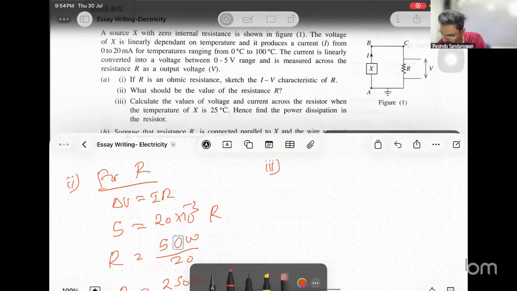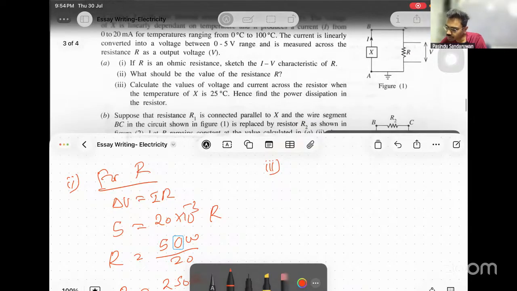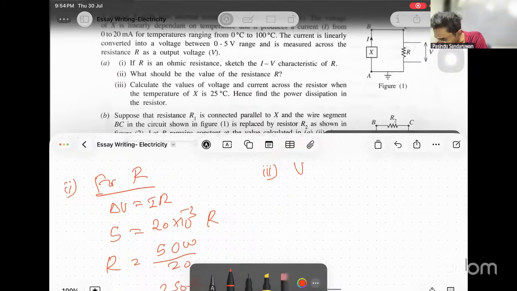part 3. Calculate the values of voltage and current across the resistor when the temperature of X is 25 degrees Celsius. Hence, find the power dissipation in the resistor. Okay. Calculate the values of voltage and current. Okay, it says the voltage changes linearly, no? Voltage and temperature are linearly changing from 0 to 100.